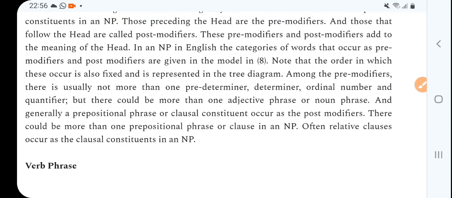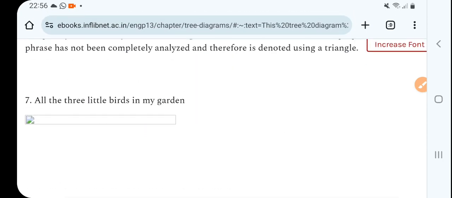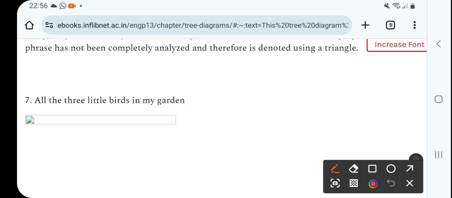These pre-modifiers and post-modifiers add to the meaning of the head.